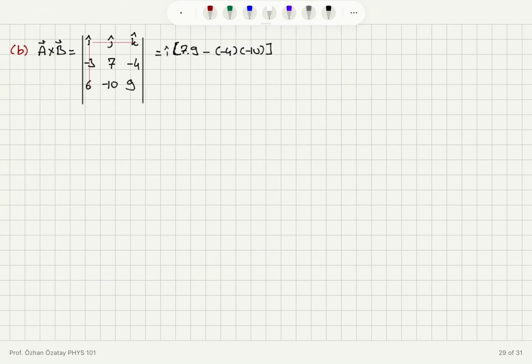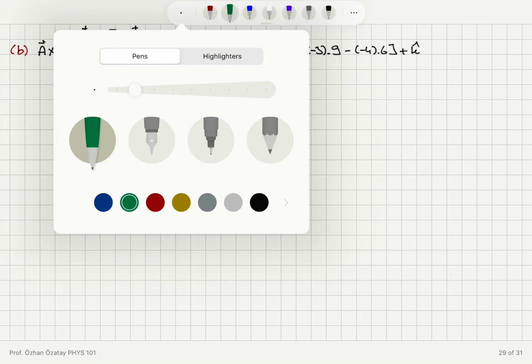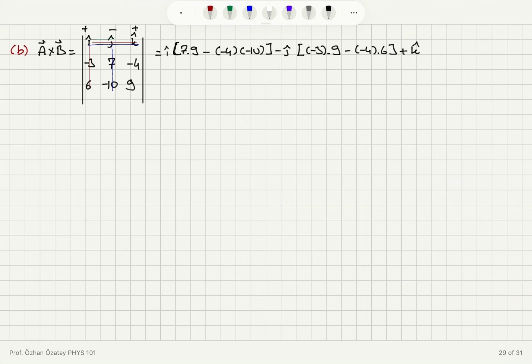The second one is minus j hat. Let me note here, this is plus, this is minus, this is plus. Then I have to cross the second row and second column. Then I will be left with minus j hat times minus 3 times 9 minus 4 times 6. Then for k hat, I cross the first row and the third column.